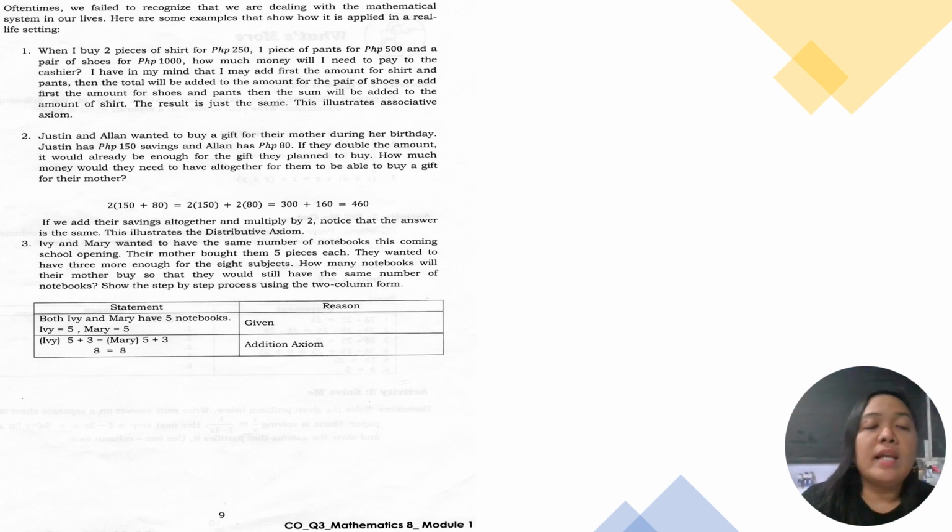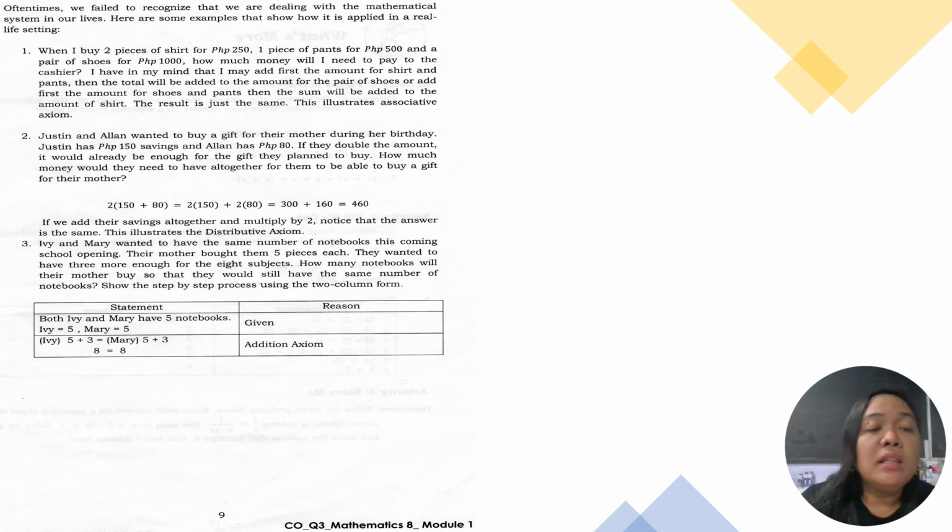Or you can add first the pair of shoes and the pants, and then add their sum to the price of the t-shirt. From that given situation, we can see that no matter how we change the order of what we're going to add, the result is just the same, right?